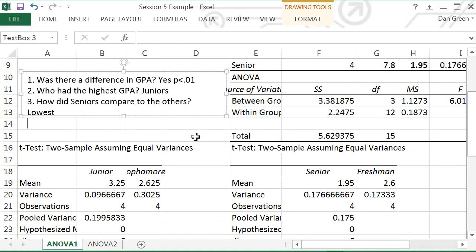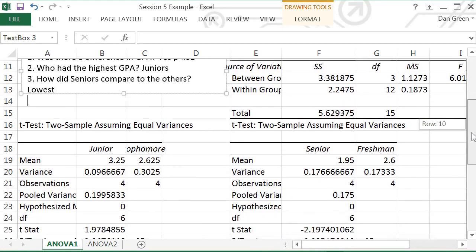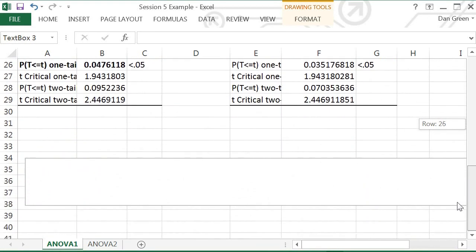So now we want to summarize this all in APA format. Okay, all of our results here. We answered the 3 questions from the output. You want to include all 3 output tables, the ANOVA and the 2 t-tests. And then you want to do an APA summary. Your APA summary should sound something like this.